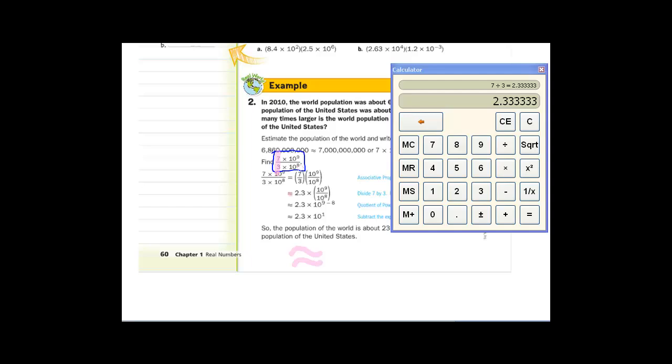Remember, when you divide like bases, from earlier lessons, you subtract your exponents. So you've got 9 minus 8. That's where they get their answer of 2.3 times 10 to the first.